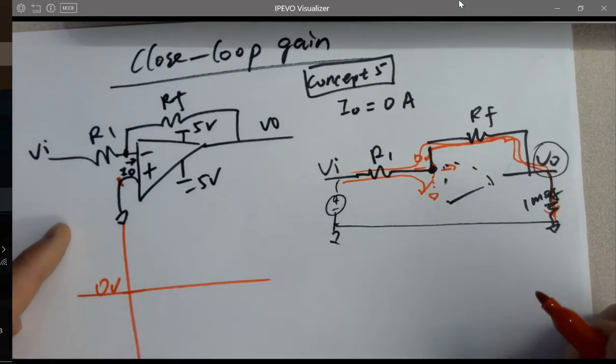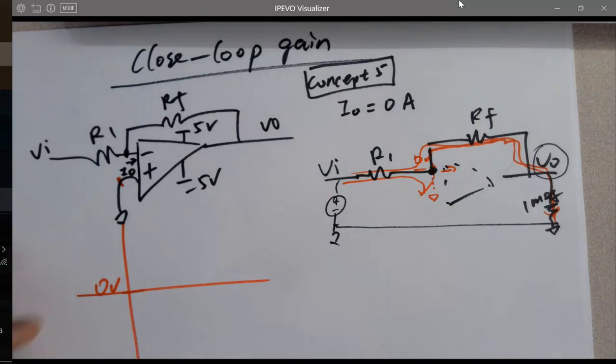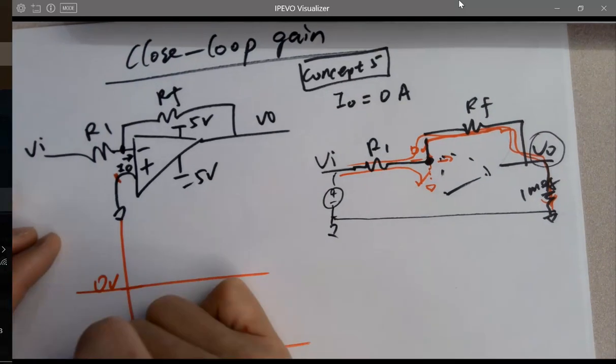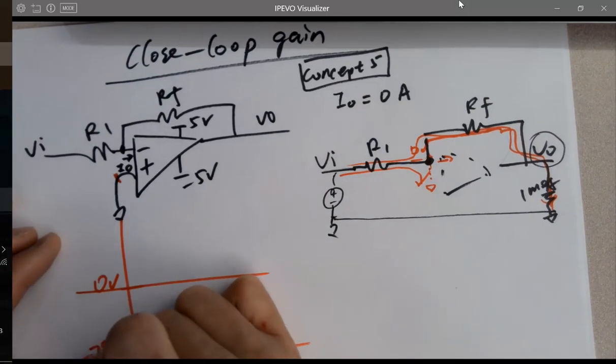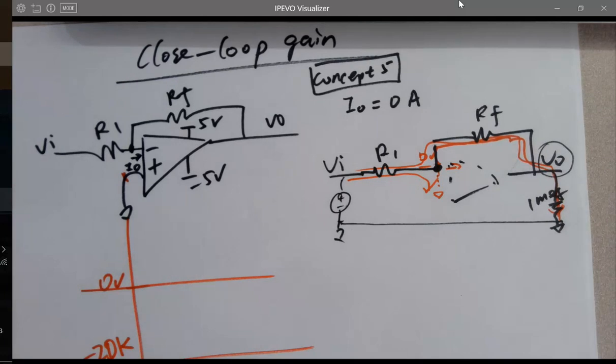So the voltages are relative. If I ask, there's a minus 20k volts, you say, hey, this is tiny. I mean, 0 volts is way bigger than negative 20 volts. Is that right? 20,000 volts.